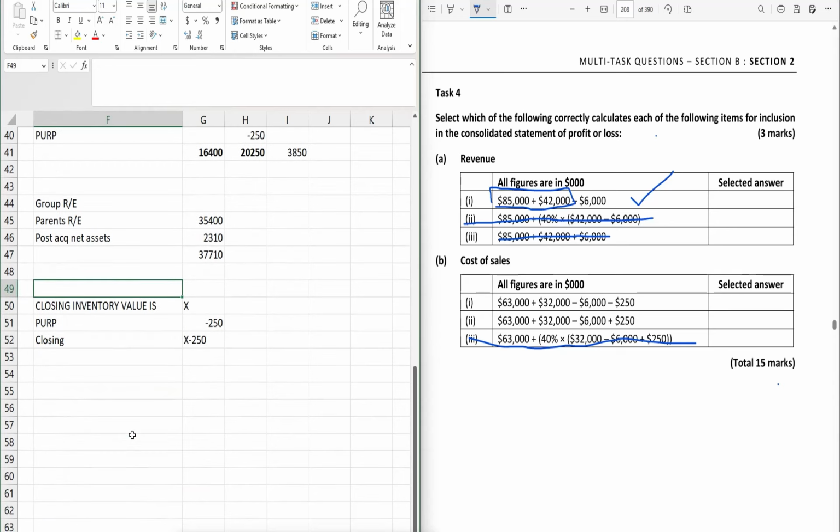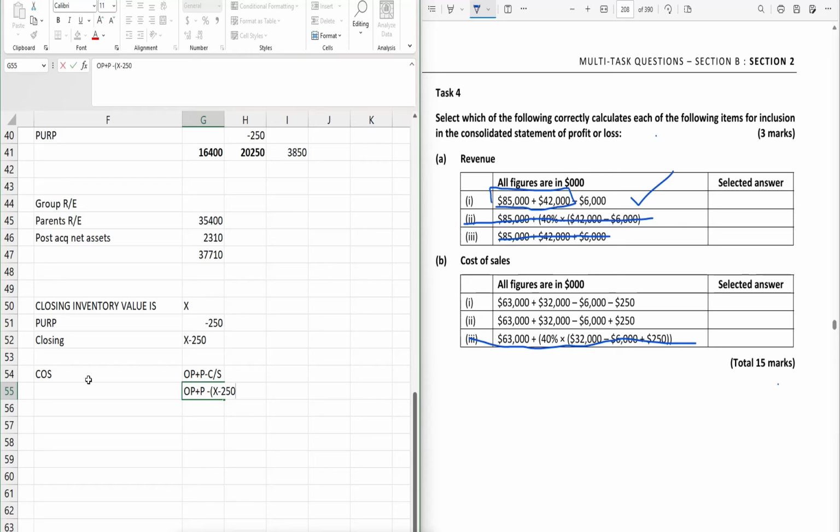Now in the cost of sales, what is the formula? Opening inventory plus purchases minus closing inventory, right? Instead of closing inventory, we will write the value X minus 250.